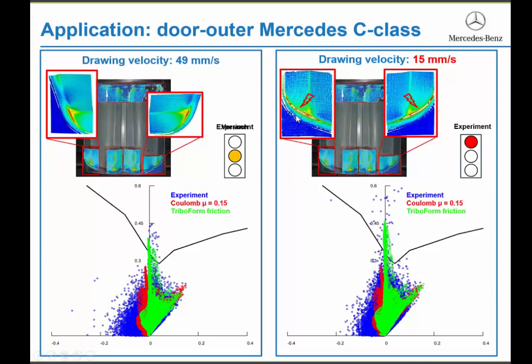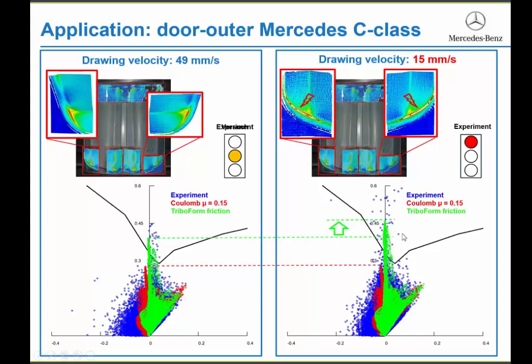In fact, cracks will be found in the part at this location and at this location. Also, the blue experimental strain measurements exceed the forming limit curve. Coulomb, of course, remains the same because we're still using a Coulomb value of 0.15. But if we look at the Triboform results, we will find a more critical behavior.